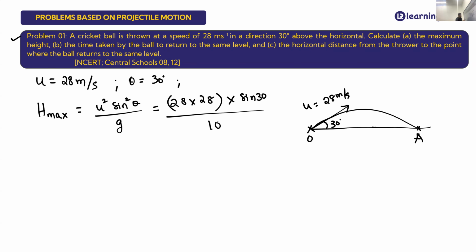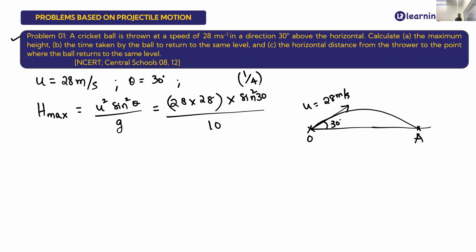So here, if you observe, this is going to be sine square 30. Sine 30 is half, so sine square 30 is 1 divided by 4.